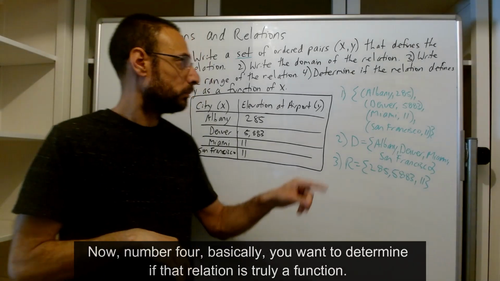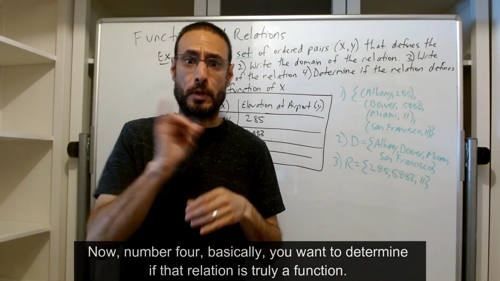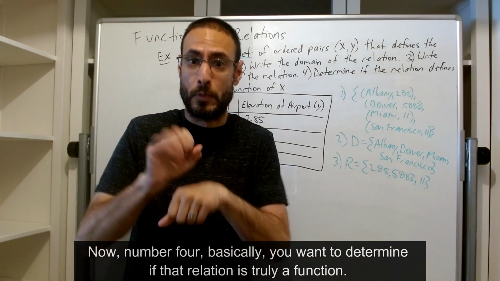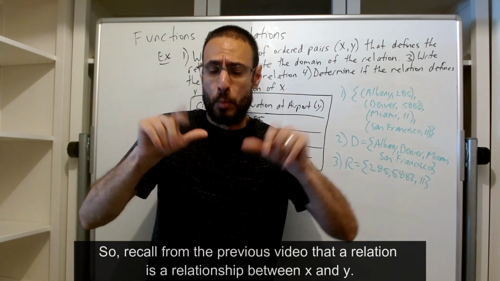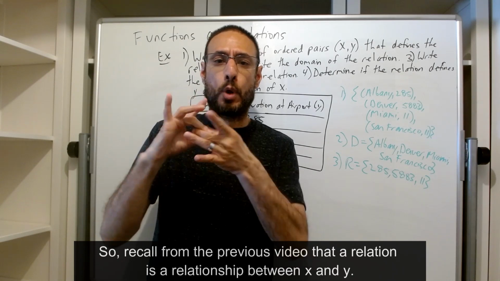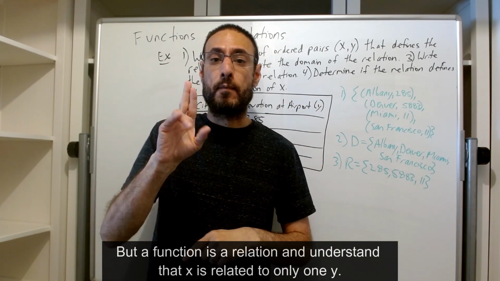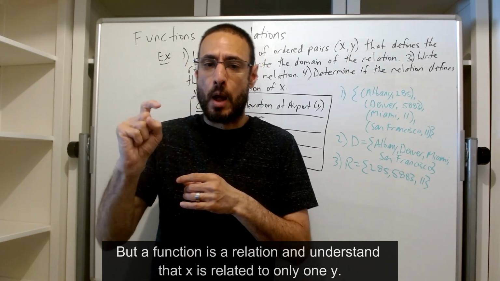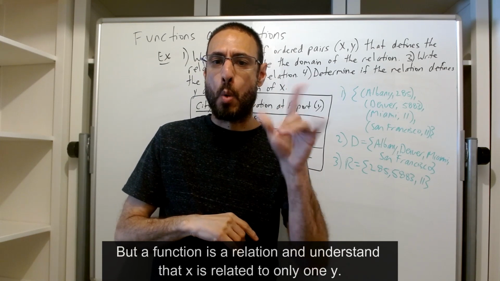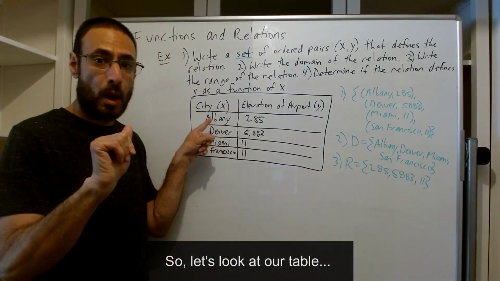Now, number 4. Basically, you want to determine if that relation is truly a function. So, recall from the previous video that a relation is a relationship between x and y. But a function is a relation, and understand that x is related to only one y. So, let's look at our table.